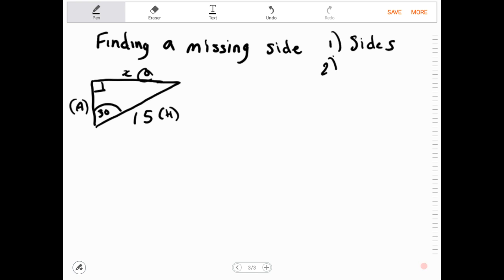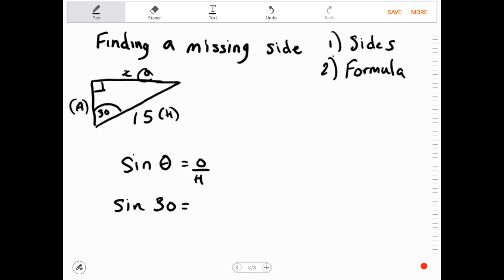Number 2, fill in your formula. The sine ratio formula looks like this. I'll show it to you again. Sine theta equals opposite over hypotenuse. So in this case, it's sine, the value of our angle is 30. Our opposite we do not know, so we'll put x over our hypotenuse value, which is 15.